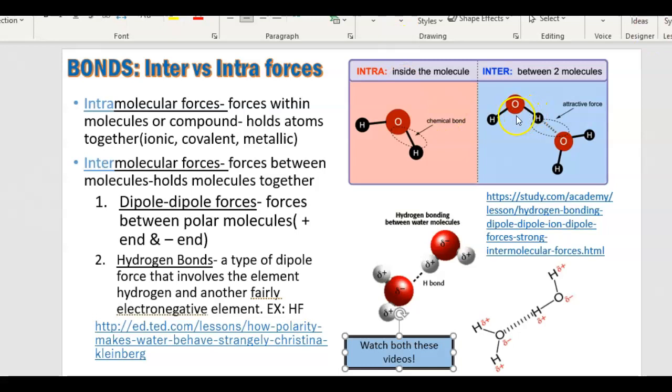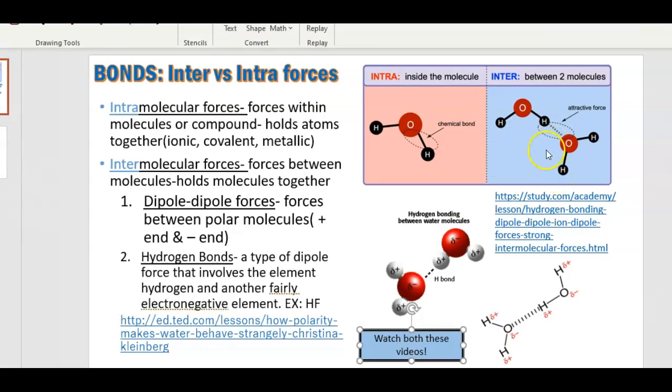Over here, this is a good illustration. This is a water molecule. If you guys remember, water molecules are polar molecules, so they have a partially positive and a partially negative side.